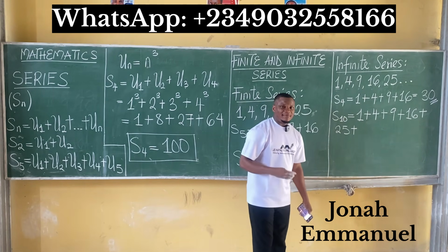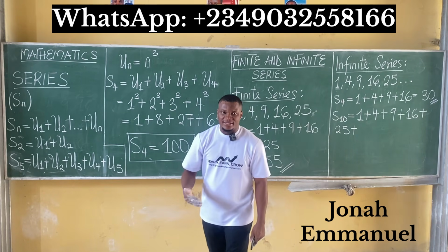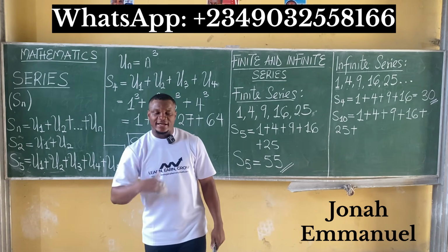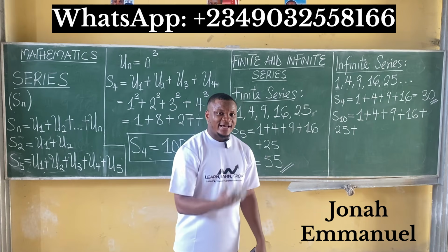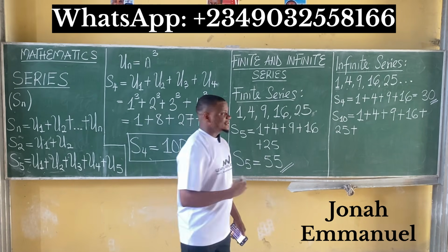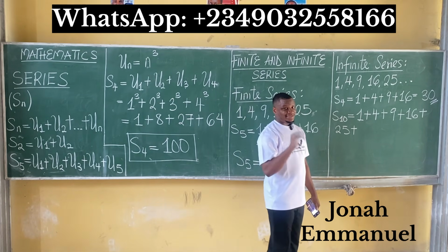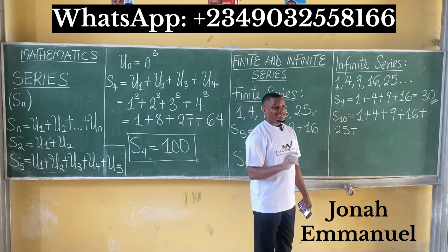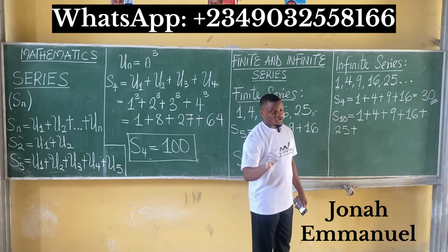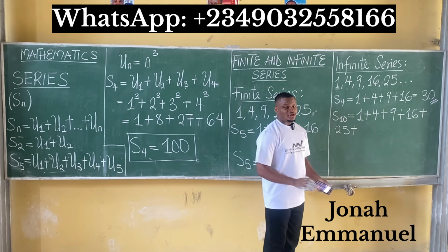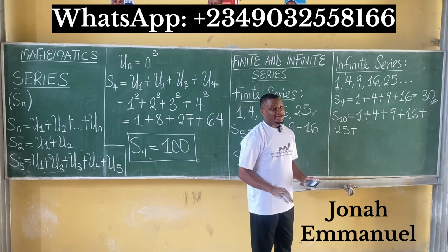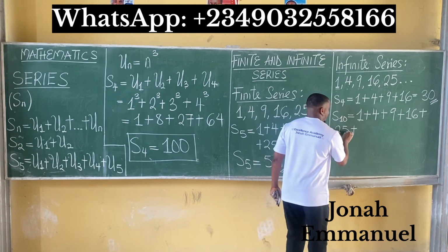That means my next step will be 6 squared, and then 7 squared, and then 8 squared, and then 9 squared, and then 10 squared. With that, I can get my first 10 terms. Don't forget, it's infinite. That means it continues. But we'll limit our solving to just the first 10 terms. 25, this is for 5.